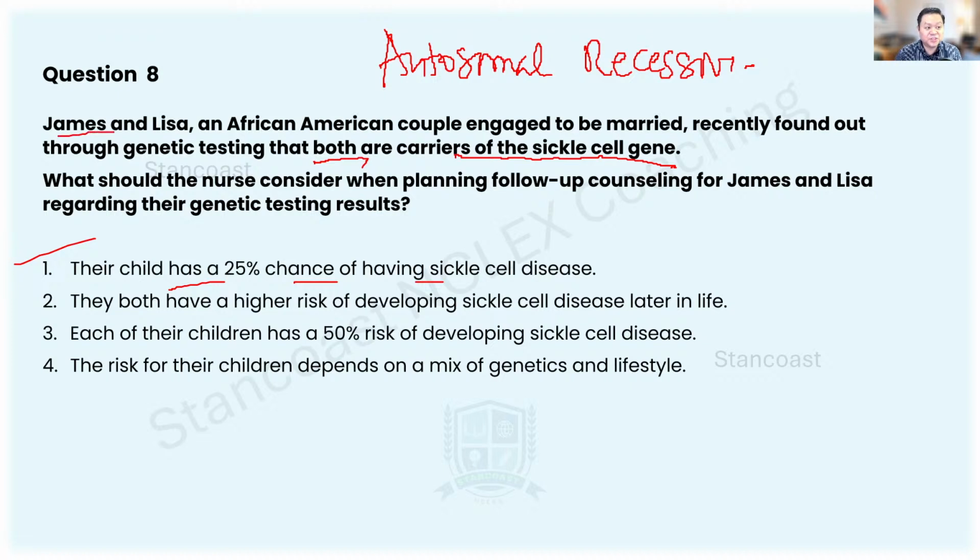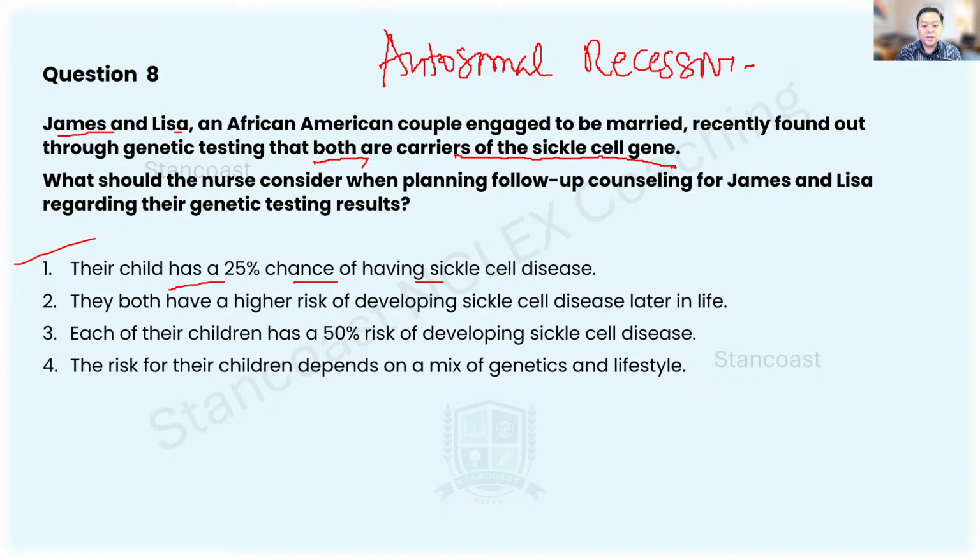We have James and Lisa, they're both carriers. And so there is a chance that one of the offsprings will really get both defective genes, and maybe one of the children will not get any of the defective genes. So they're free from any sickle cell trait or not even a SCD person.